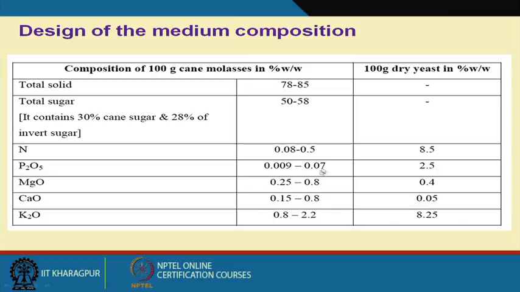Apparently it looks like two things are quite less in the cane molasses. One is nitrogen content. If you compare the nitrogen content in the yeast cells and in the cane molasses, it is quite less, and phosphorus content is also significantly less, while other things are more or less the same. Sometimes we find the magnesium oxide is also a little bit less as compared to what is required in the yeast cells.